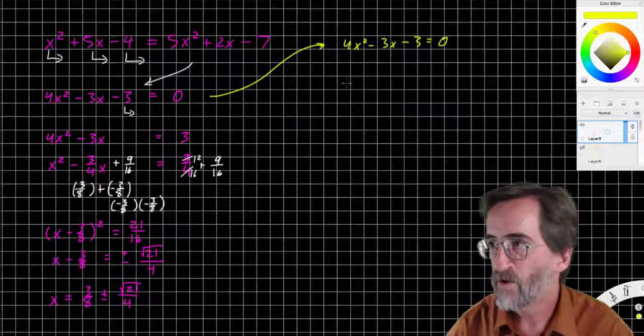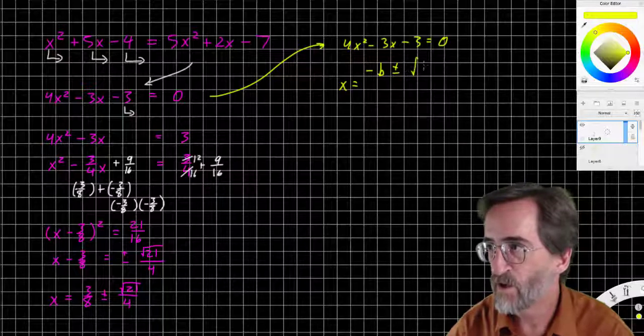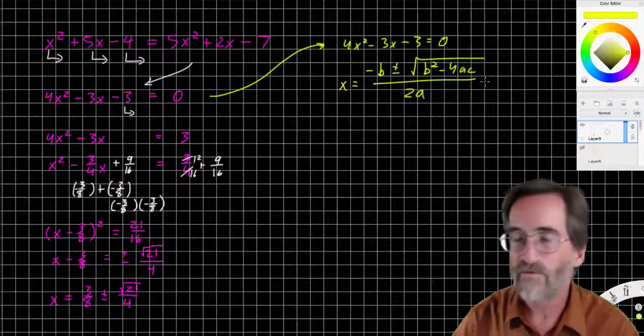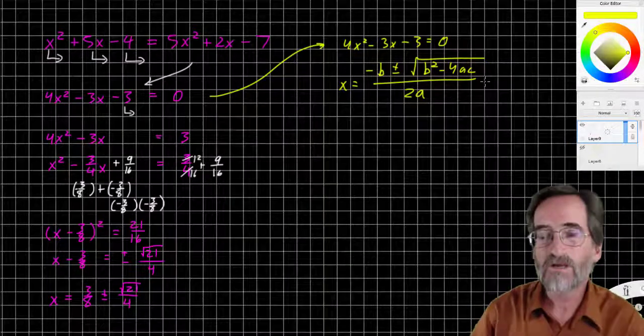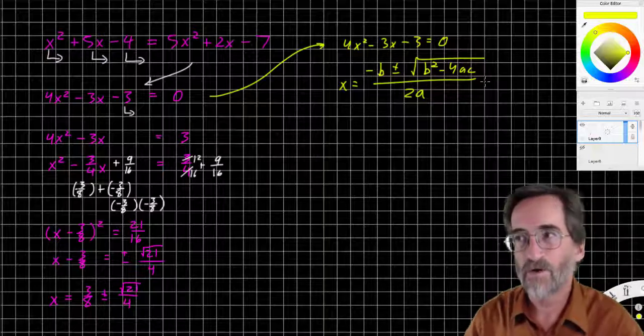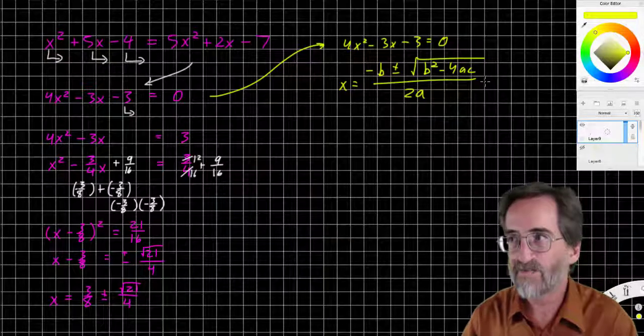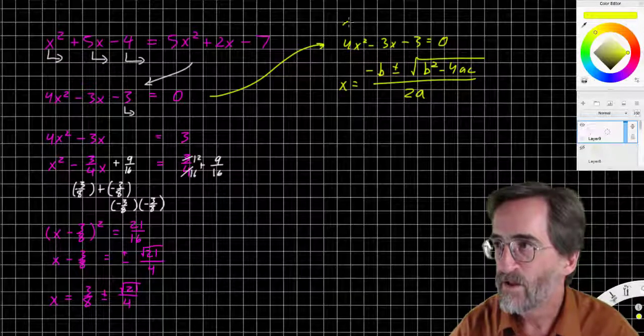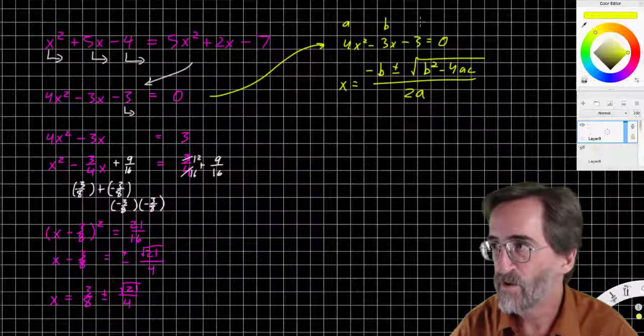You may recall the quadratic formula is negative b plus or minus square root b squared minus 4ac all over 2a. If you haven't memorized it, memorize it. A is 4, b is negative 3, and c is negative 3.